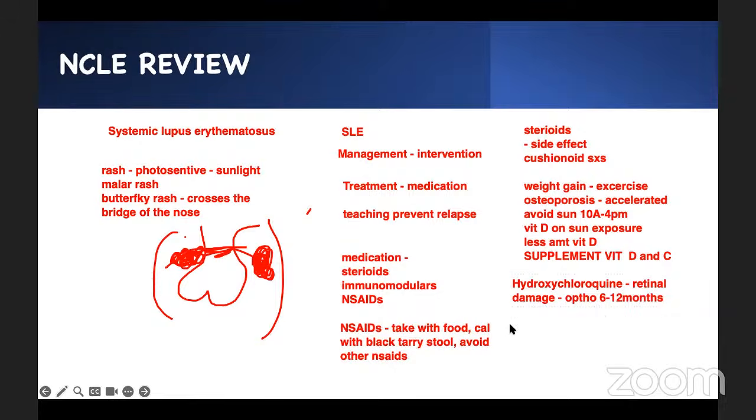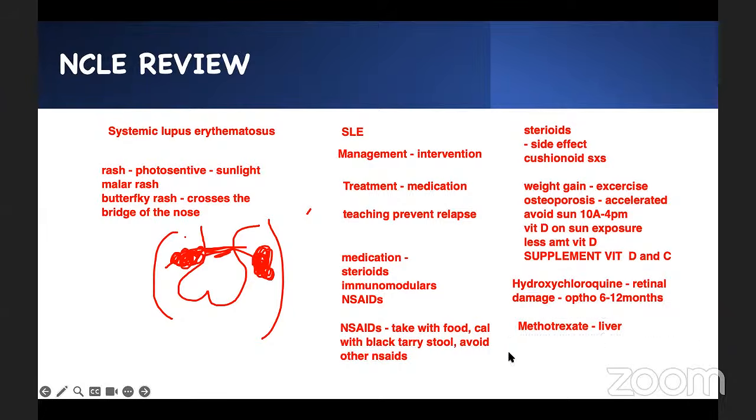Okay? They may probably also be on methotrexate. Methotrexate mostly causes liver damage and is teratogenic. So they shouldn't be taking anything that will affect the liver.